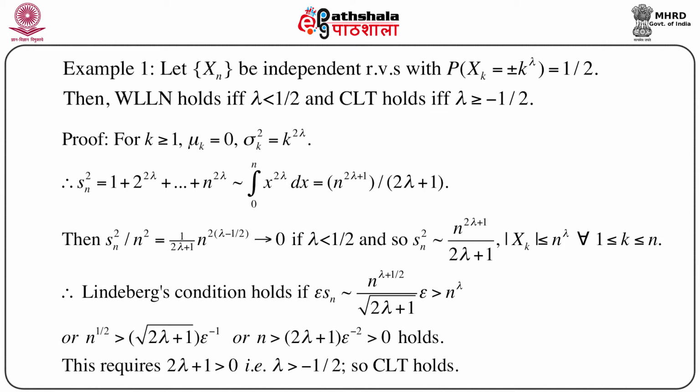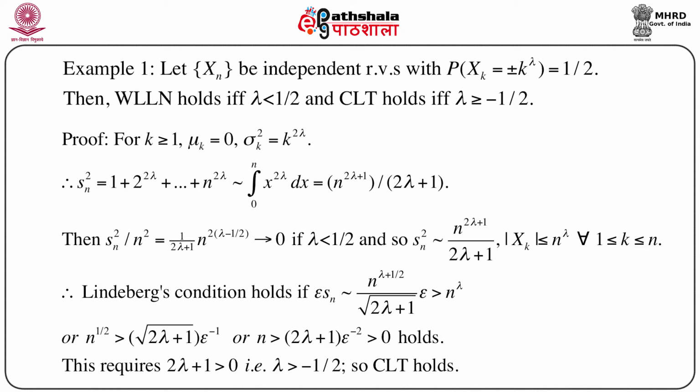First take k greater than or equal to 1, and then a little bit of algebra, a little bit of manipulation will show that mu k, which is the expectation of Xk, equals 0, and sigma k square, which is the variance of Xk, is nothing but k to the power 2 lambda. So let's calculate Sn square.